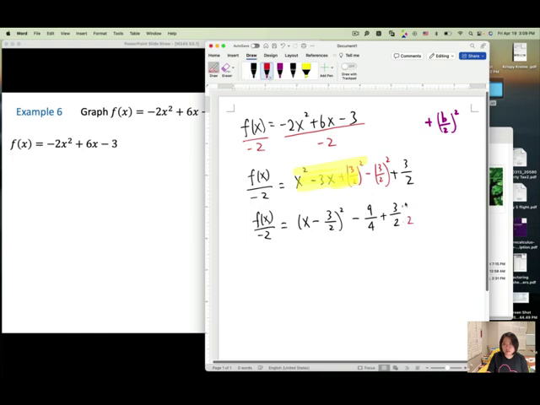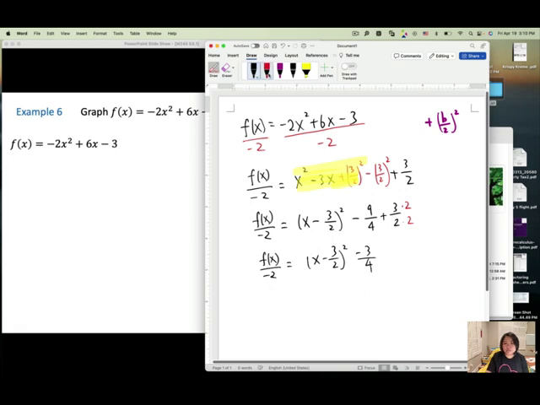We're going to multiply by 2 to get the LCD. So (x minus 3 over 2) squared, and this is going to be negative 9 plus 6, so negative 3, and that will be over 4 here.